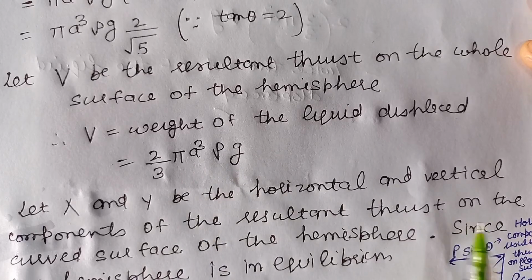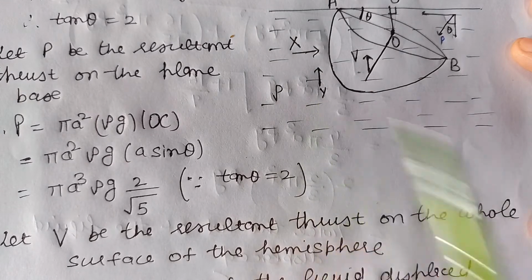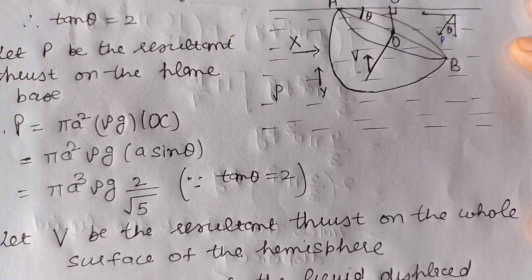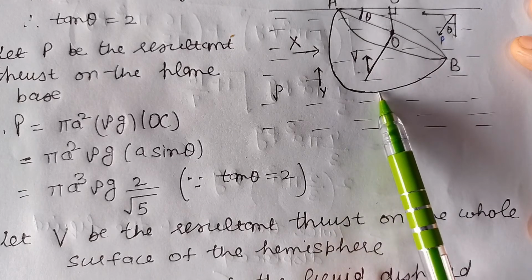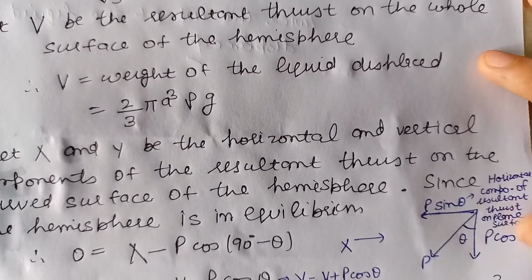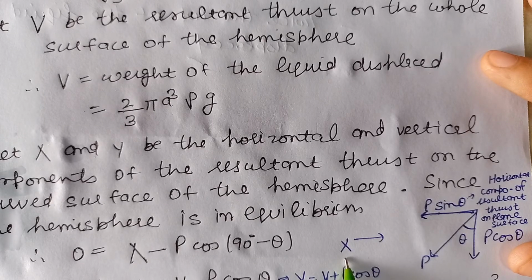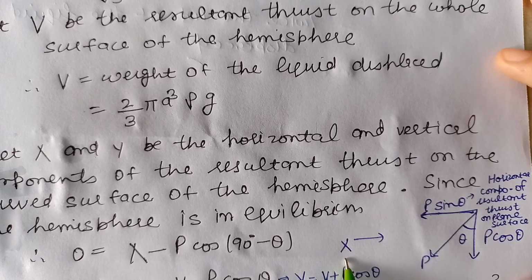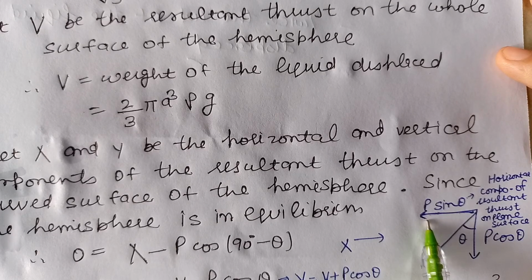Now let us take X and Y. These are the horizontal and vertical components of the resultant thrust on the curved surface of this hemisphere. Because this hemisphere is in equilibrium, the X component of the resultant thrust on the curved surface will be the same as the horizontal component of the resultant thrust on the plane surface.